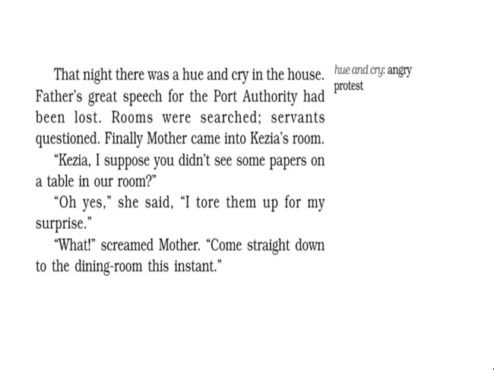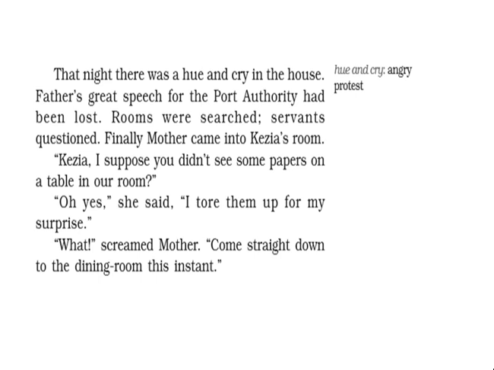Then we have a continuation. That night there was a hue and cry in the house. Hue and cry means a lot of crowd, sound, anger and noise. Why? Underline, students: father's great speech for the Port Authority had been lost.